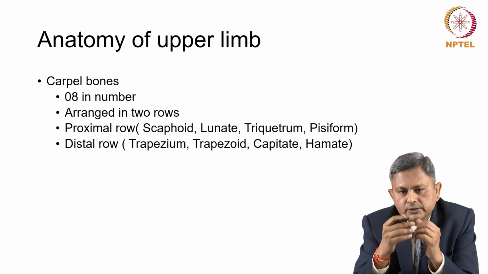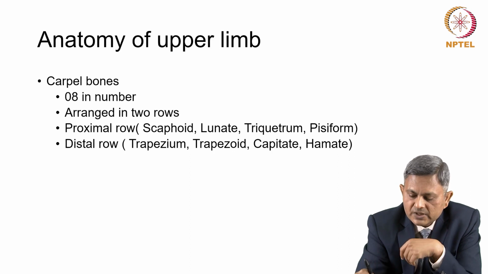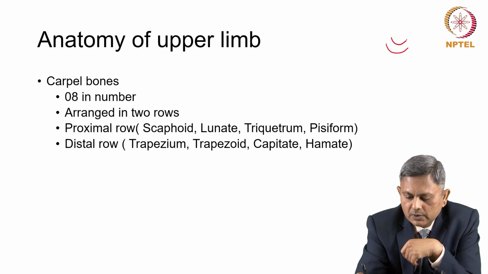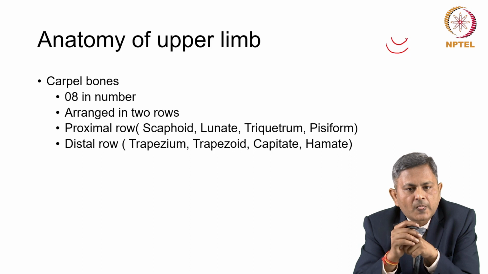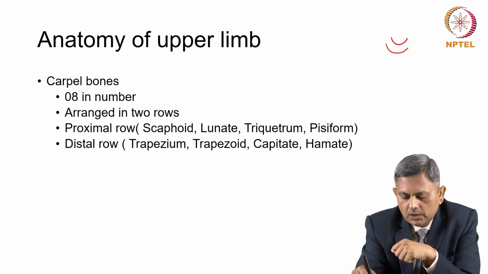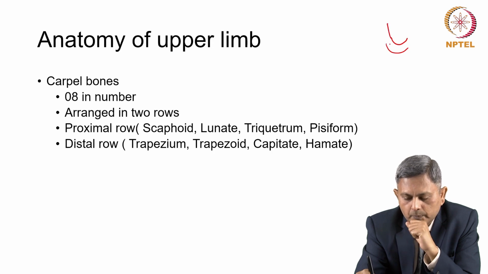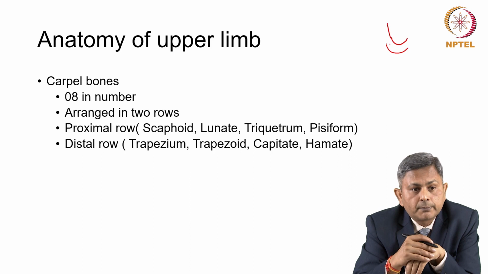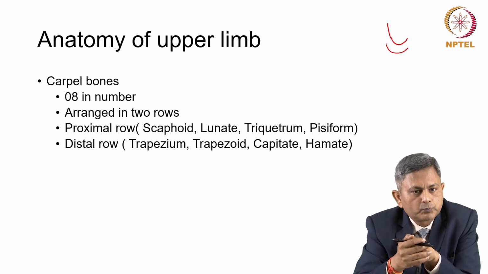These make two C-shaped rows, and these carpal bones make joints with the metacarpal bones.